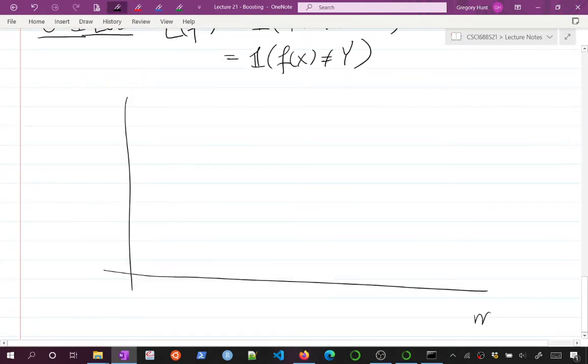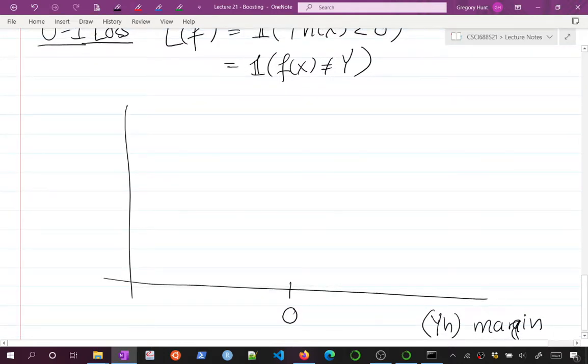On our x-axis, we can draw our margin, and we have 0 in the middle. 0 is basically the decision boundary, when our margin yh is 0. And our 0, 1 loss gives us a unit of loss if it's negative, and then as soon as the margin becomes positive, it drops down to 0 units of loss.